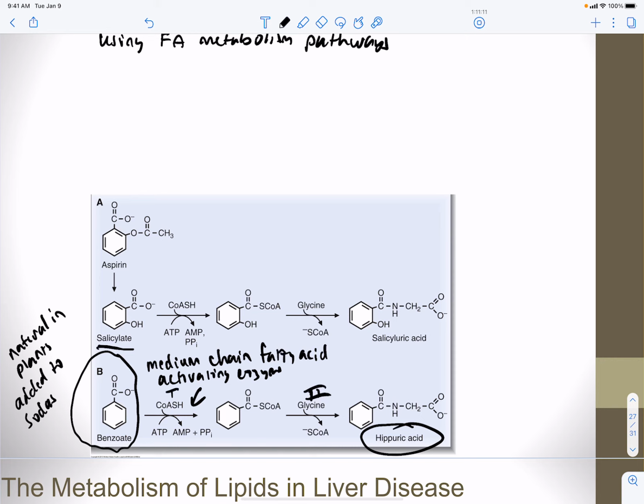The glycine derivatives are salicylurate or hippurate. One is for aspirin and the other is for benzoate.